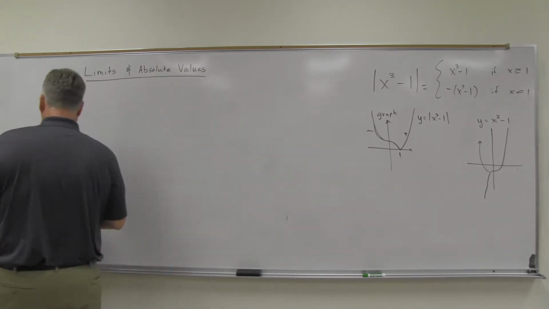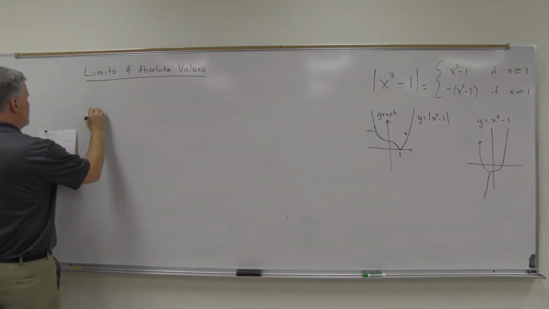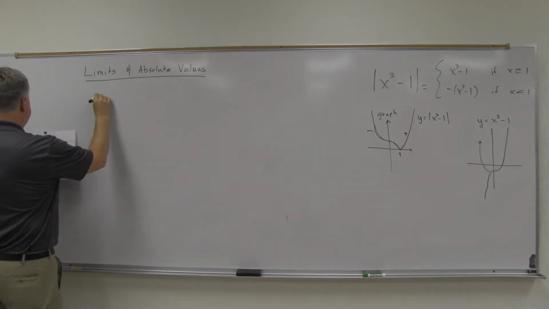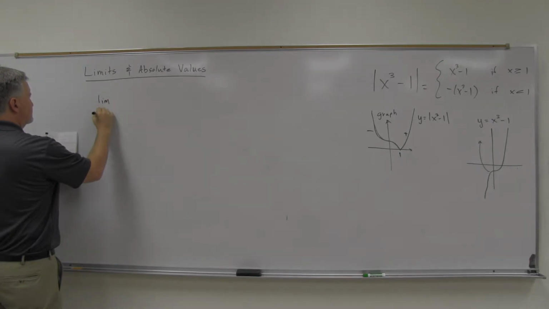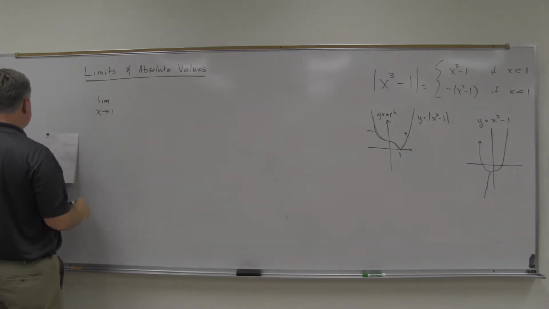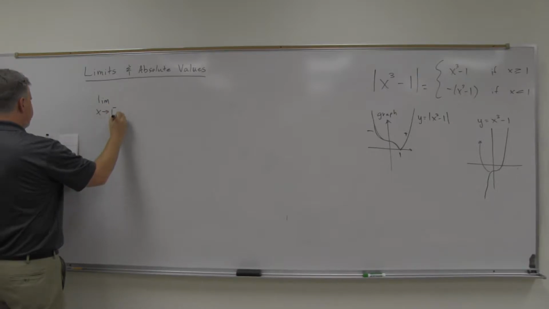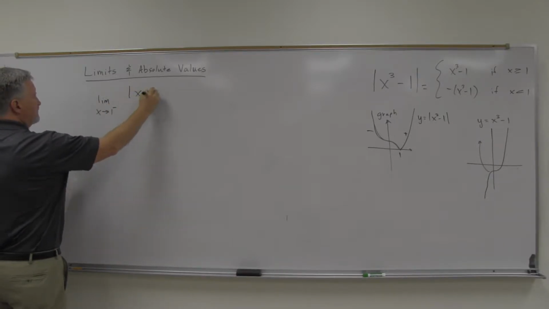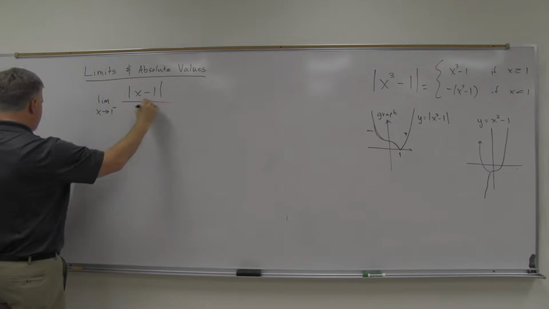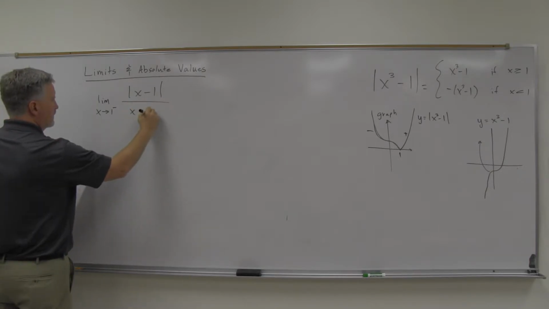let's talk about it. So if it's a limit as x approaches 1, and we are going to go from the left, and it's the absolute value of x minus 1 divided by x minus 1.